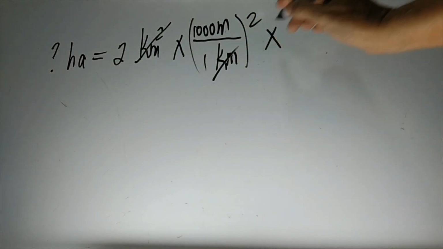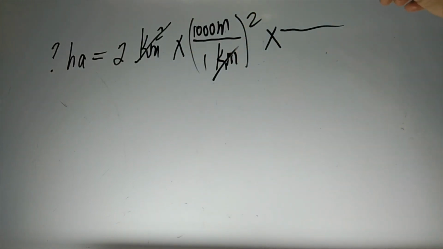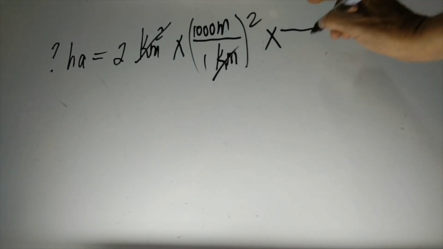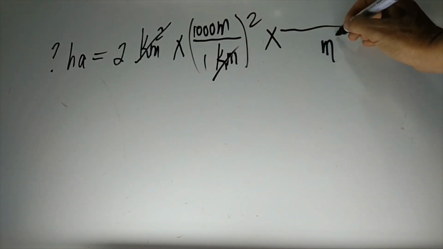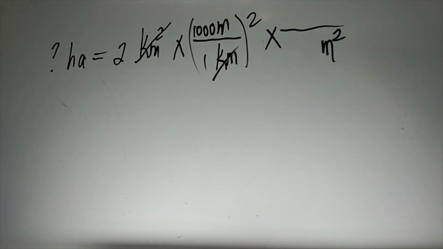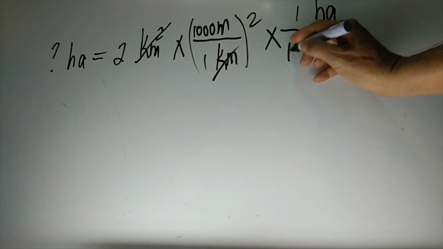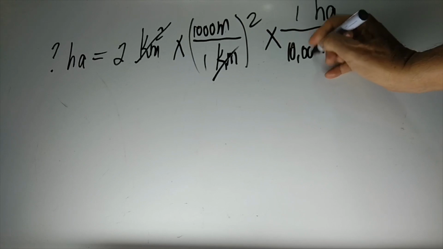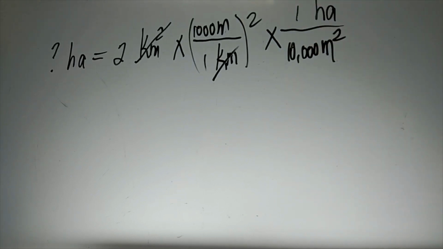Okay, we'll continue. This time, meter squared should be at the bottom, and the hectare should be on top, wherein the relationship is 1 hectare is equivalent to 10,000 square meters.